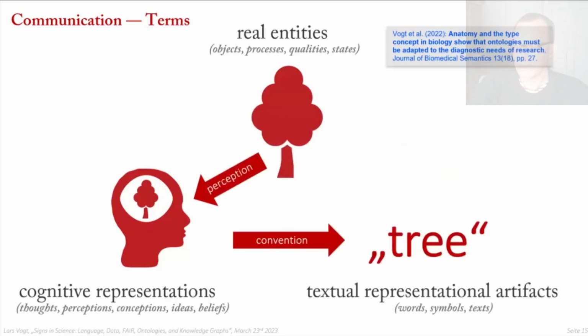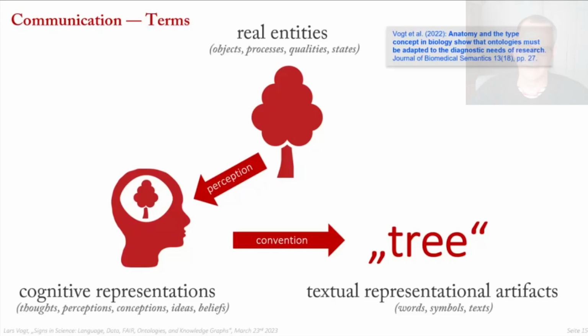Now, the other way to communicate is, of course, via terms and statements. And the basis here is convention. So there we have agreed upon a certain list of symbols, the alphabet, and we assign sounds to them, and then to certain sound combinations, we assign certain meanings.